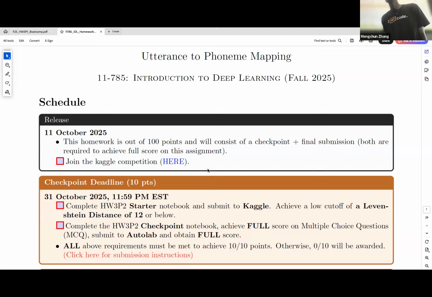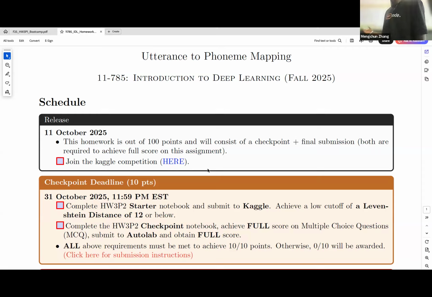What the checkpoint notebook entails is that you should reach a certain distance. As you realized, for homework 2P2 we tested you on EER, and the lower the EER, the better for you. This is the same case with homework 3. We are checking what we call the Levenshtein distance, and I'm going to explain in a moment what this distance is.